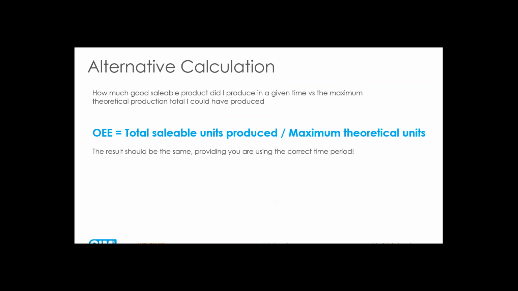So the OEE should be the total saleable units produced over the maximum theoretical units. The percentage that it gives you, 65, 45, 22, should be the same regardless of which method of calculation you've used. If there are some differences, then perhaps there are some issues with the data that's being pulled into the system to do the previous calculation.